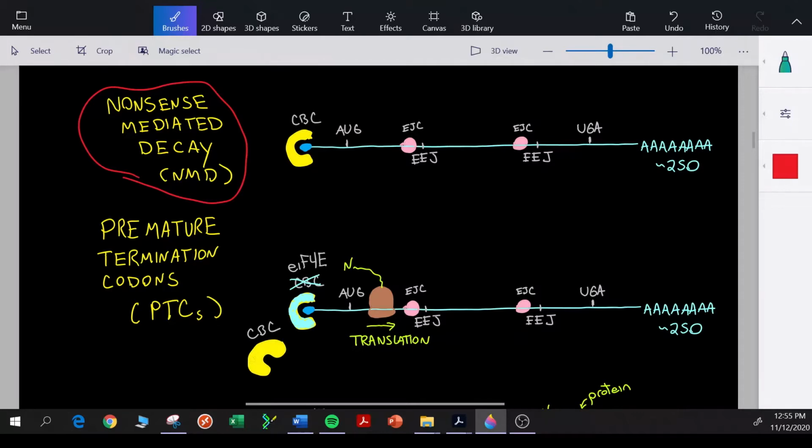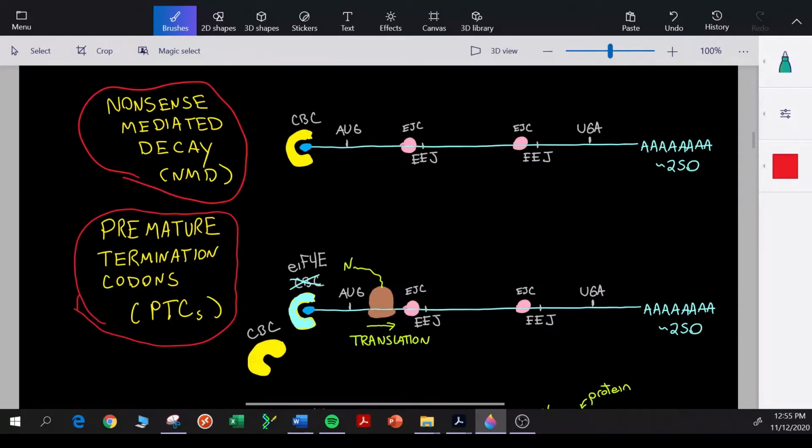And I have to apologize. In the last two videos, I called the premature termination codons pre-termination codons, and it wasn't until I was loading the videos up to YouTube and looking at the title that I saw it was labeled pre-termination codon and thought, oh, that doesn't make sense.